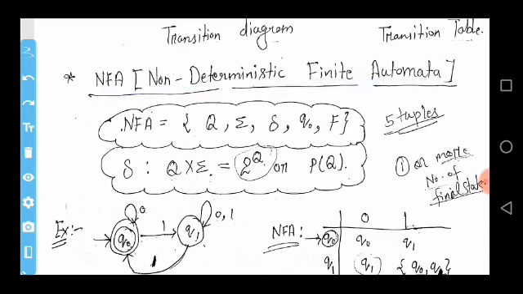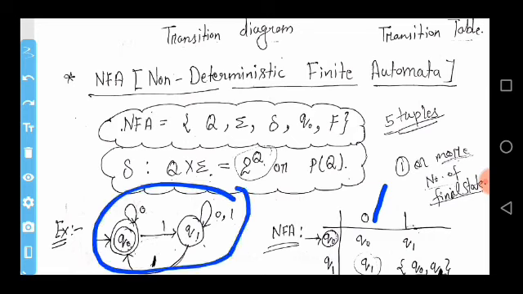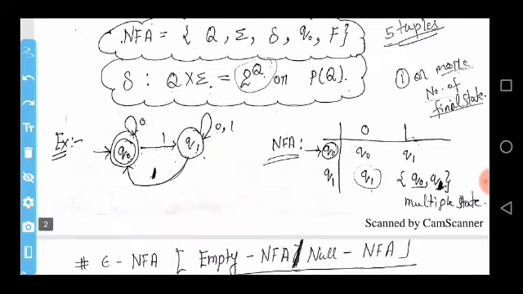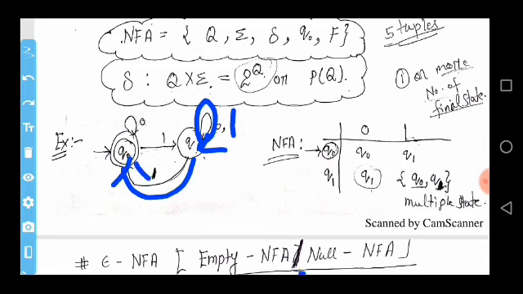Means, in the given example, you have to see that at the state Q1, when we give 1 as an input symbol, the output transition goes to Q1 itself as well as to Q0. So this represents two states.